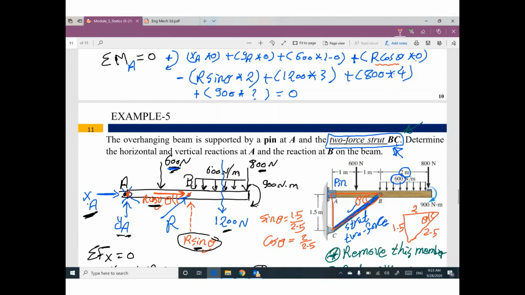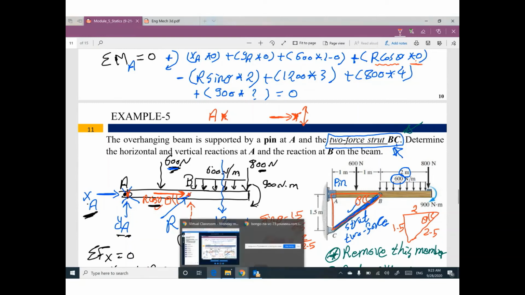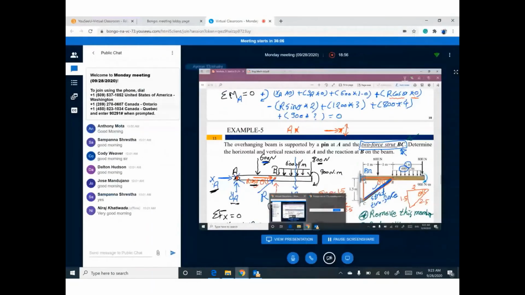Because you are taking moments at point A, and this horizontal component needs a vertical distance. Your force and your distance must be perpendicular. Do you think we have a vertical distance between this point and this point? No. Both of them are on the same line, collinear. So your distance is 0. Do you have any comment?